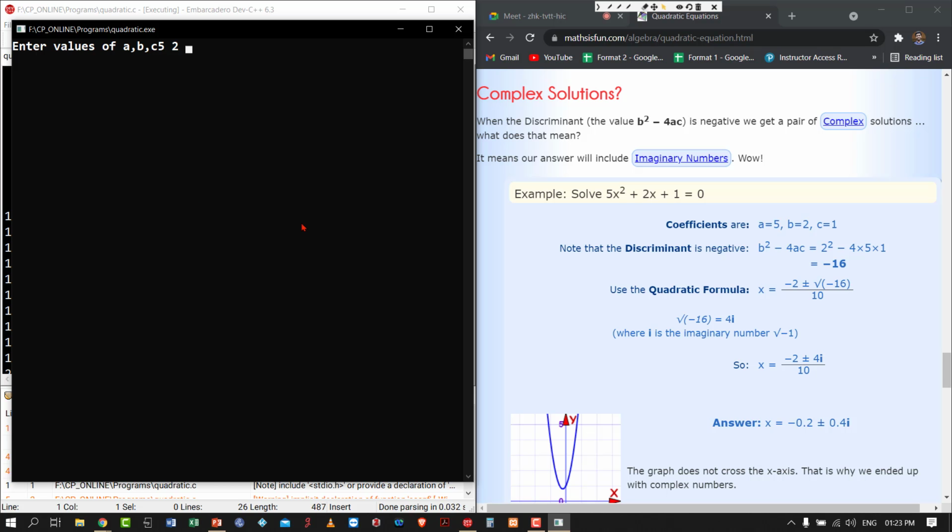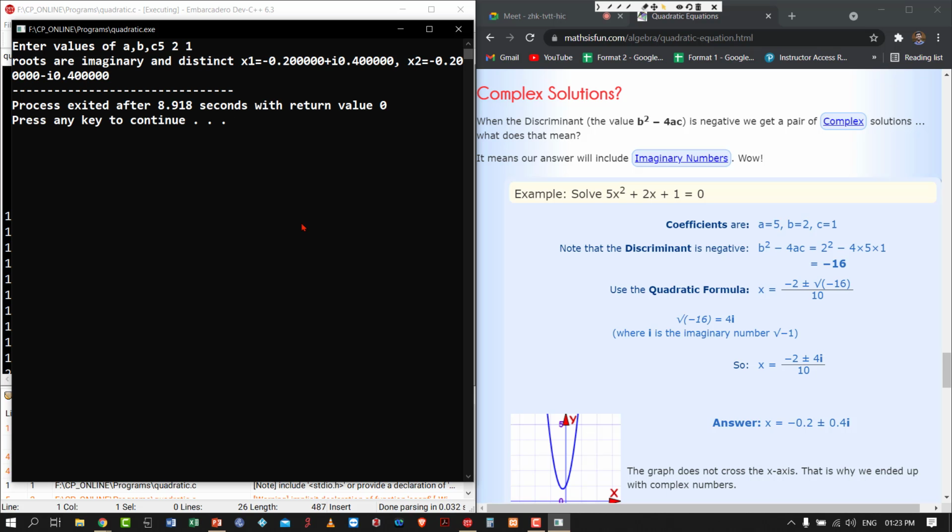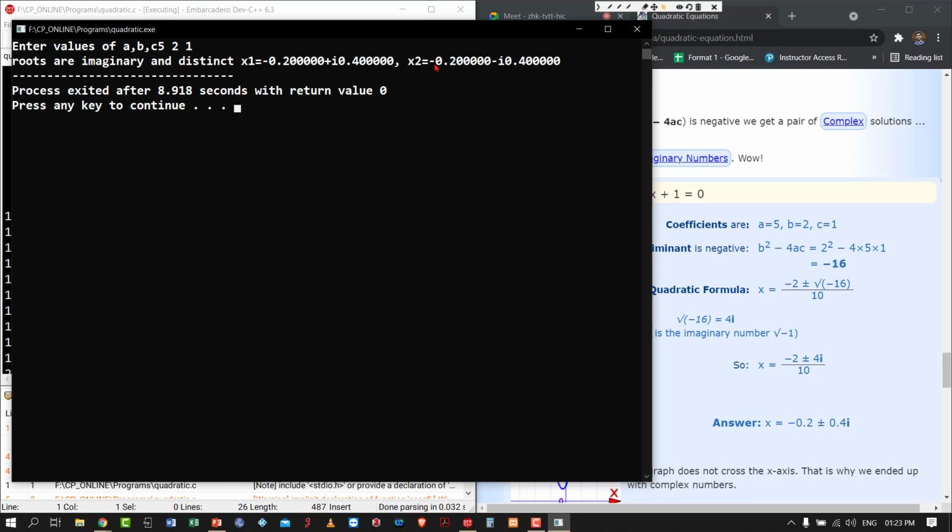I got minus 0.2 plus i 0.4, and here also minus 0.2 minus i 0.4. So I checked our second case and third case.